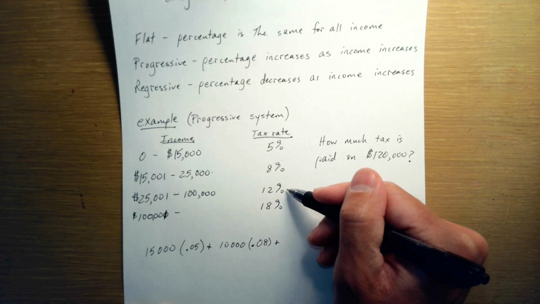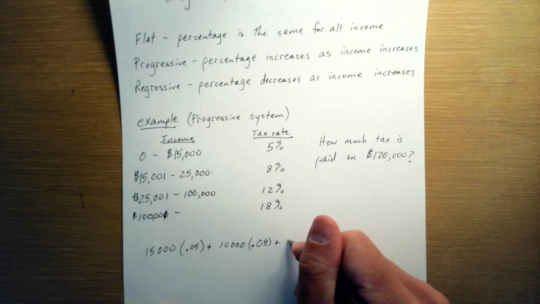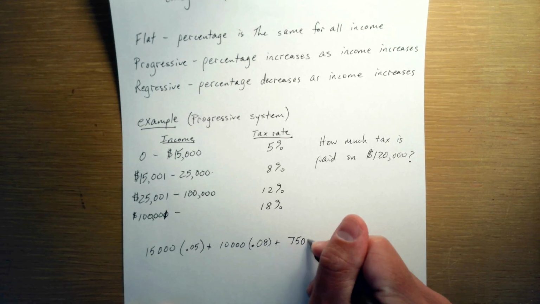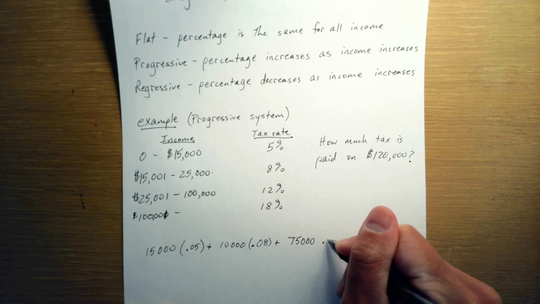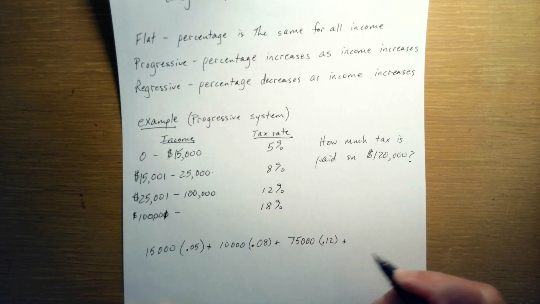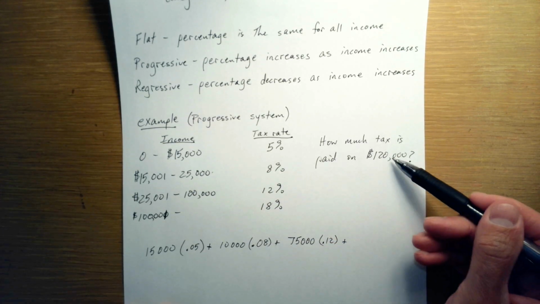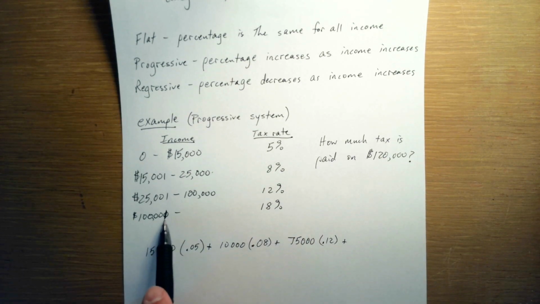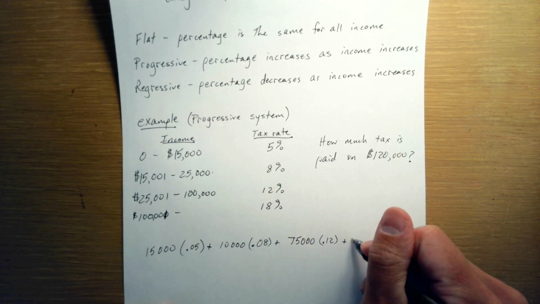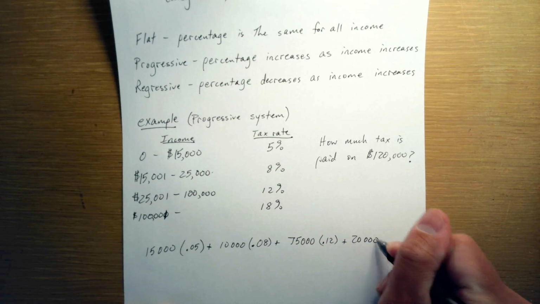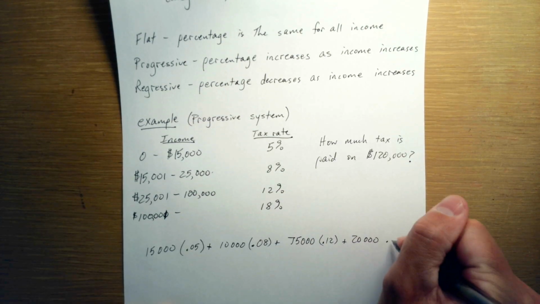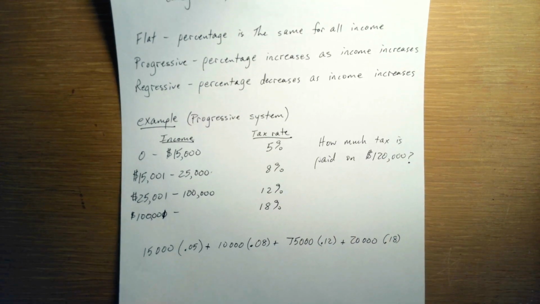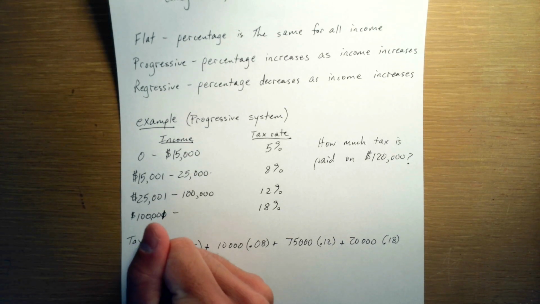So same thing for this next 12% bracket, which has $75,000 in it, taxed at 12%. And then finally, we have to look at our income that's above the last cutoff, which is $100,001, so that's $20,000. And we apply 18% tax to that. So this is our tax paid.